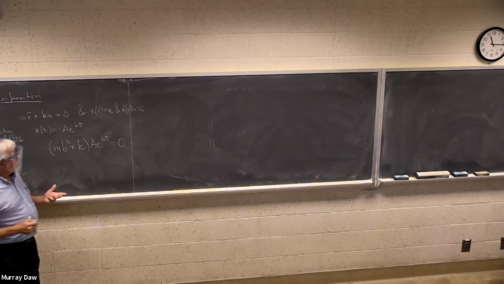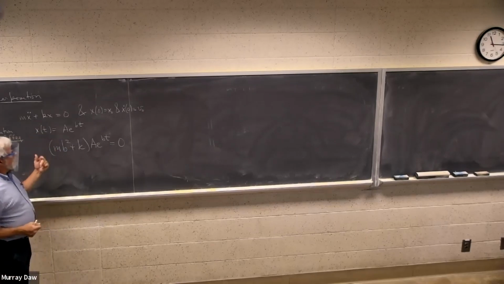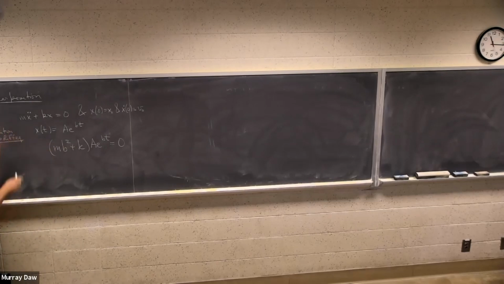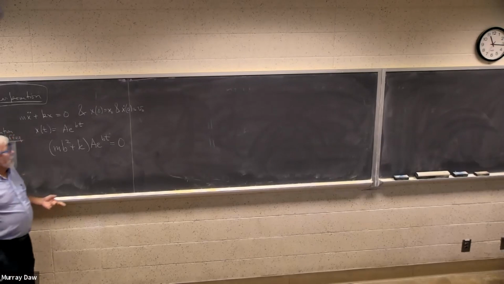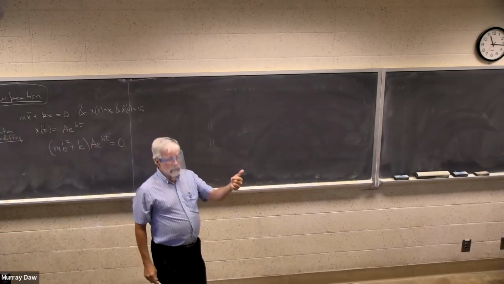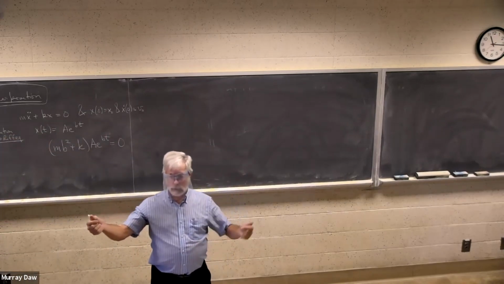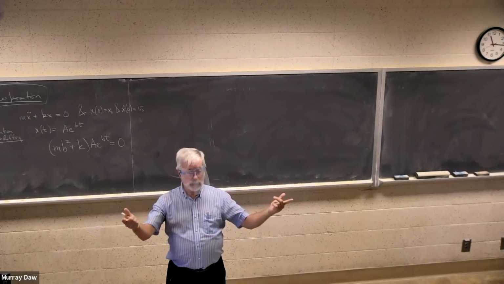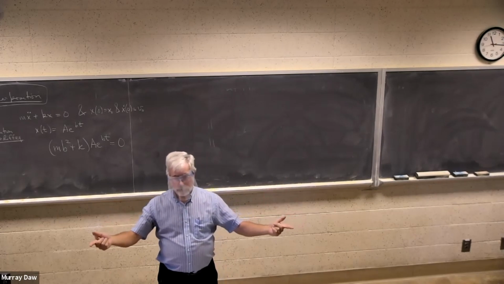This is how it works. There are two different values of B. We rely on what's called the superposition principle. The superposition principle in this sort of differential equation says that if I have one solution and another solution, the sum of the two is also a solution.